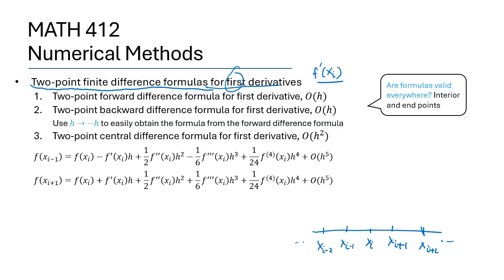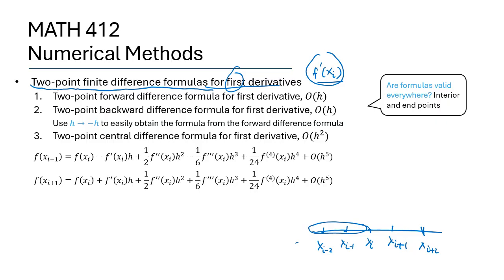If we derive formulas using points like xi plus 1, xi plus 2, that's a forward formula. If we use points xi minus 1, xi minus 2, that's a backward formula. Now we'll see.